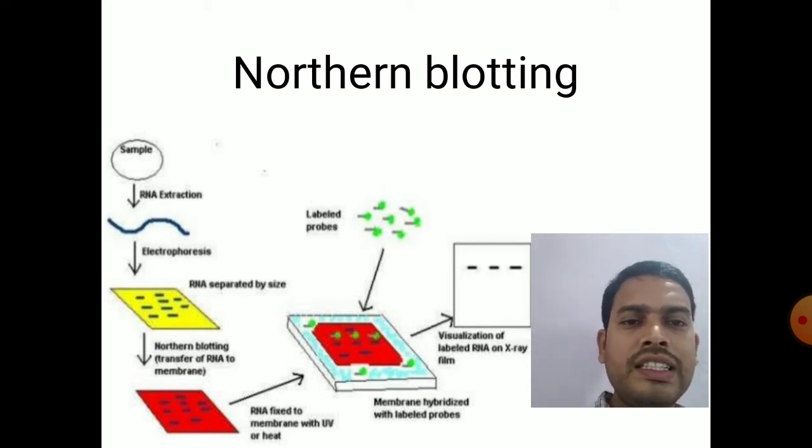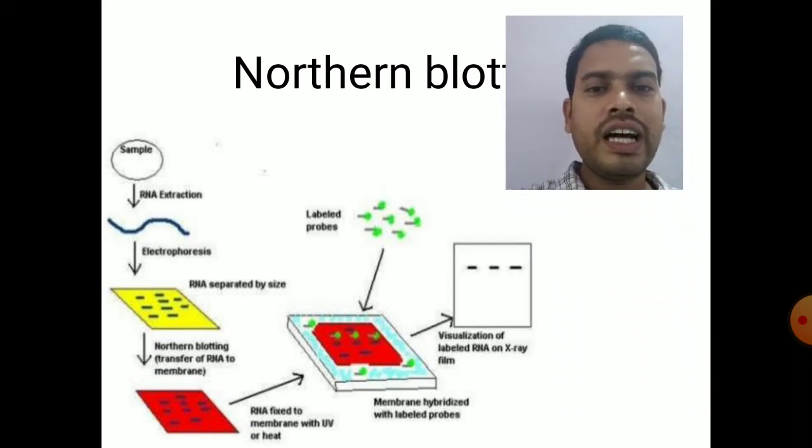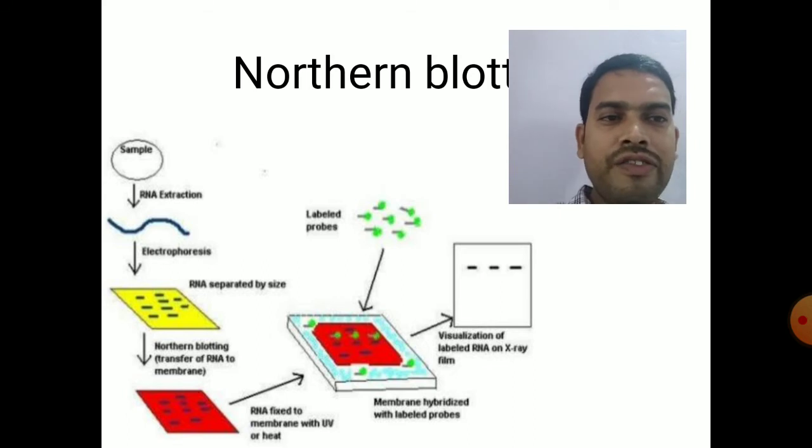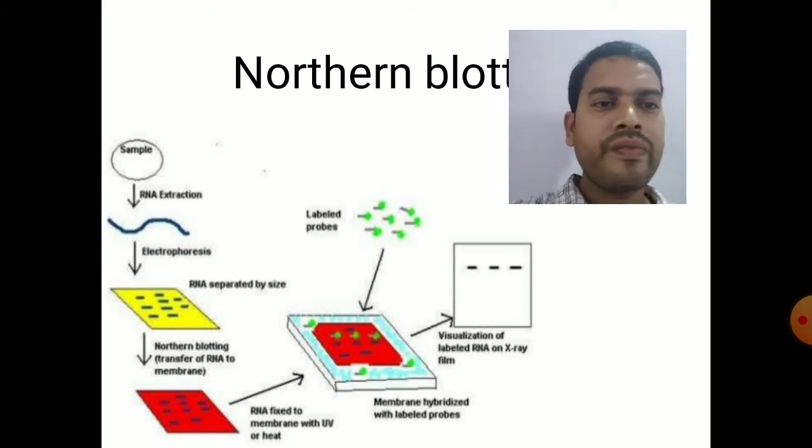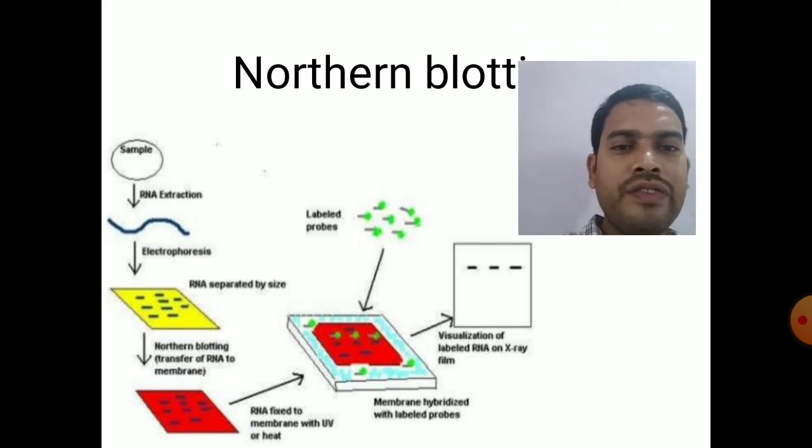Here in this diagram it is shown that mRNA is isolated from the whole RNA extract. So here the entire RNA extract, which is obtained from the whole cell lysate, is used for obtaining the mRNA of interest.